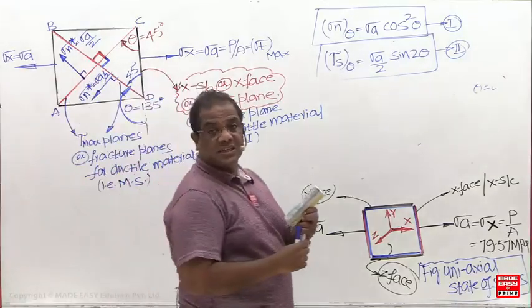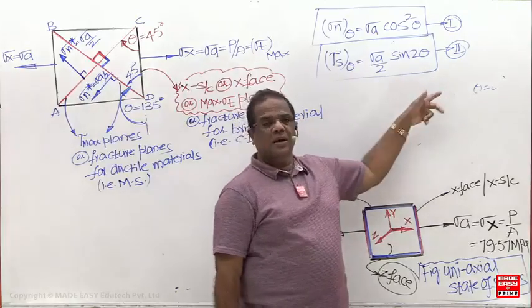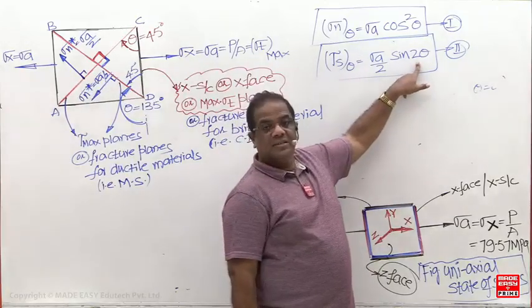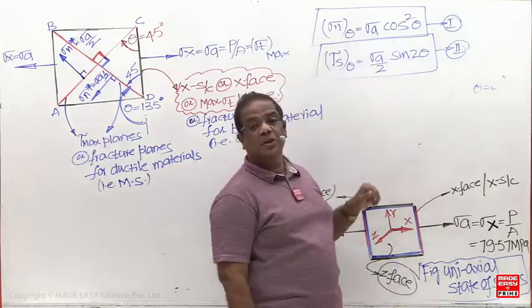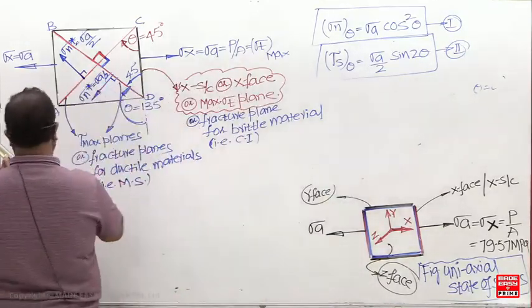But what about the shear stress value now? What is the shear stress at an angle of 45 degrees? If I put 45 degrees, sin 90 is 1, so I am getting a positive value. Positive means clockwise. So here shear stress is maximum on this plane.